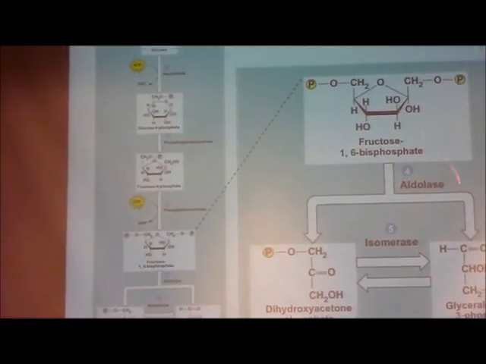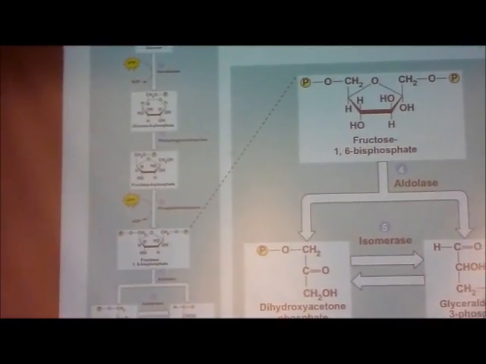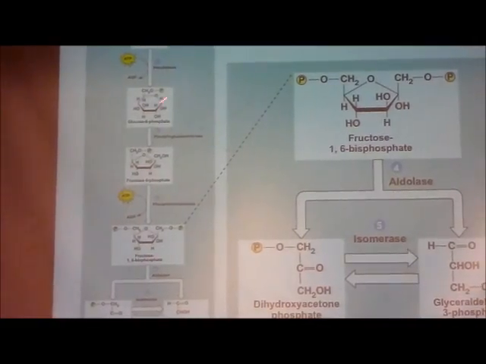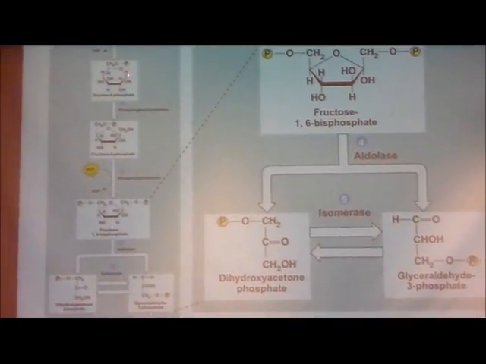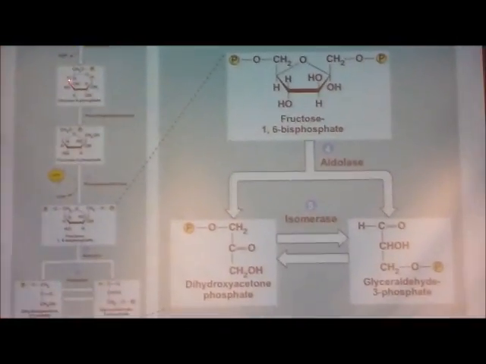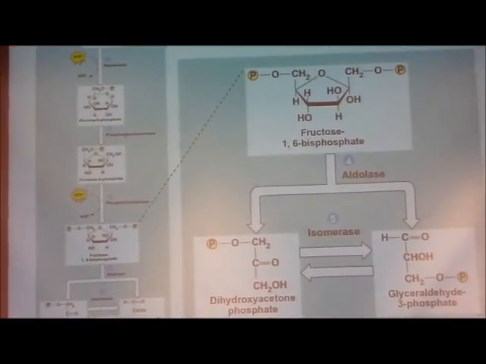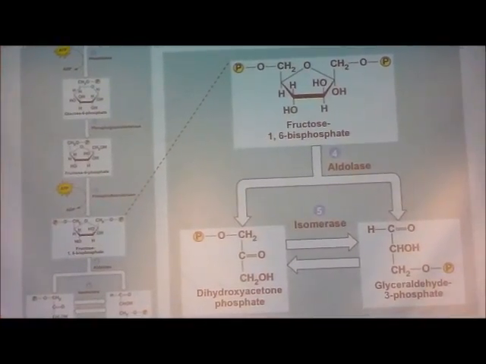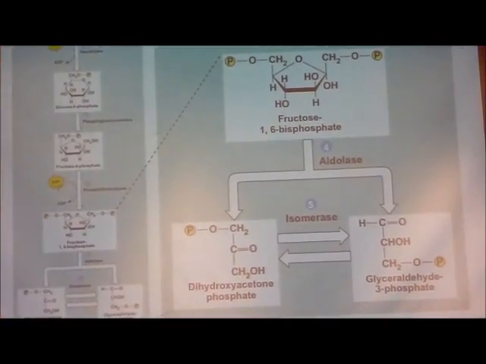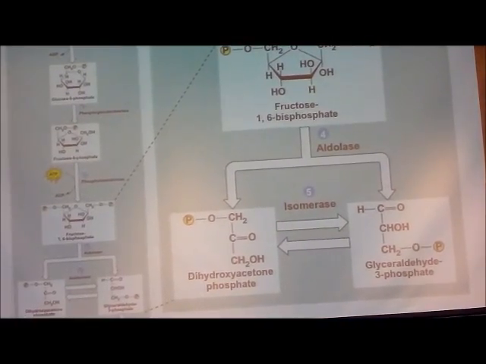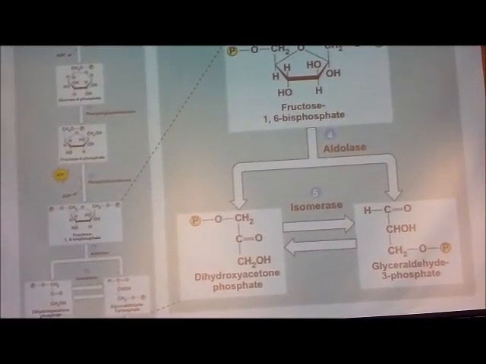Whenever you're looking in organic chemistry and you see a number, it typically corresponds to that particular carbon. So again, if we look here, this carbon at this point here is 1, 2, 3, 4, 5, 6, and the phosphate's attached to that 6 carbon. You always start numbering from the carbon closest to the oxygen molecule. You usually look at functional groups in organic chemistry, and that will tell you how you're going to number your carbon.